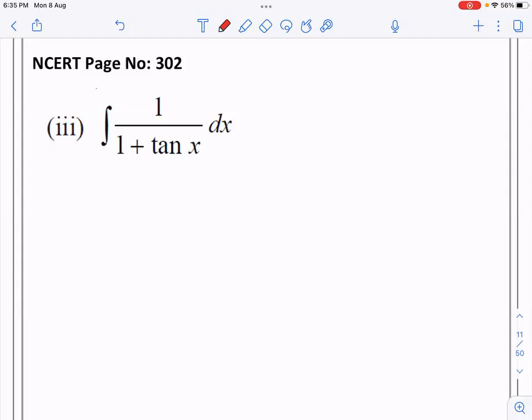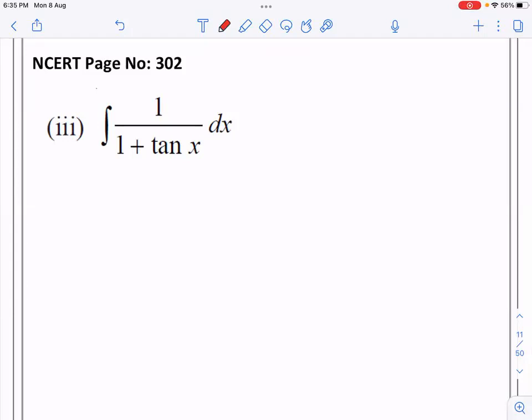Wherever I see tan x, something comes to my mind. What can you write tan x as? sin x by cos x. Do that and proceed. Try it and see.